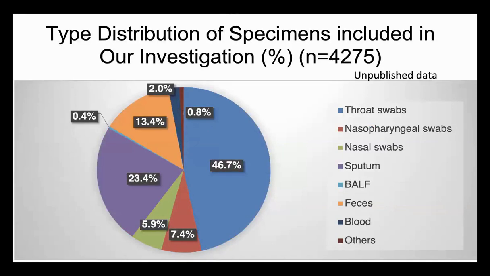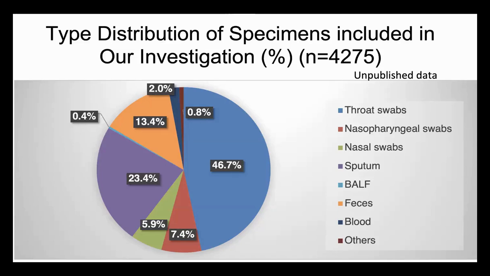And there were 4,275 nucleic acid test results from the 532 patients included in the study. The top three sample types are 46.7% throat swab, 23.4% sputum, and 13.4% feces.